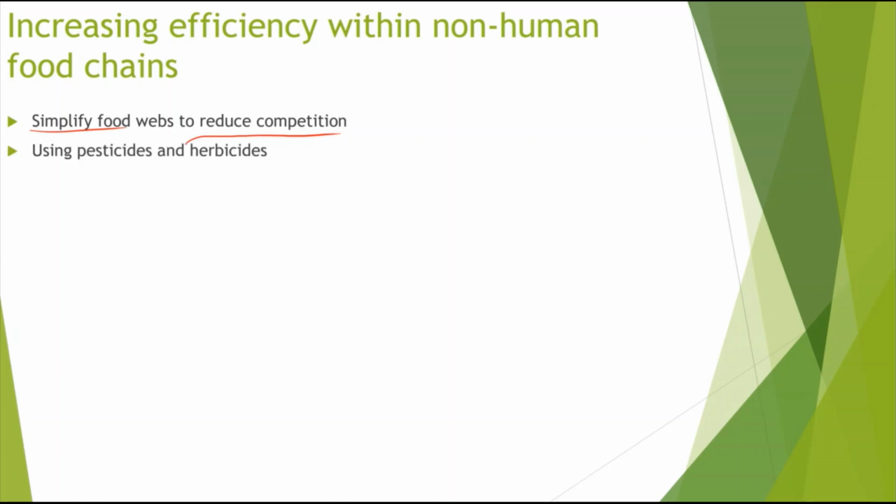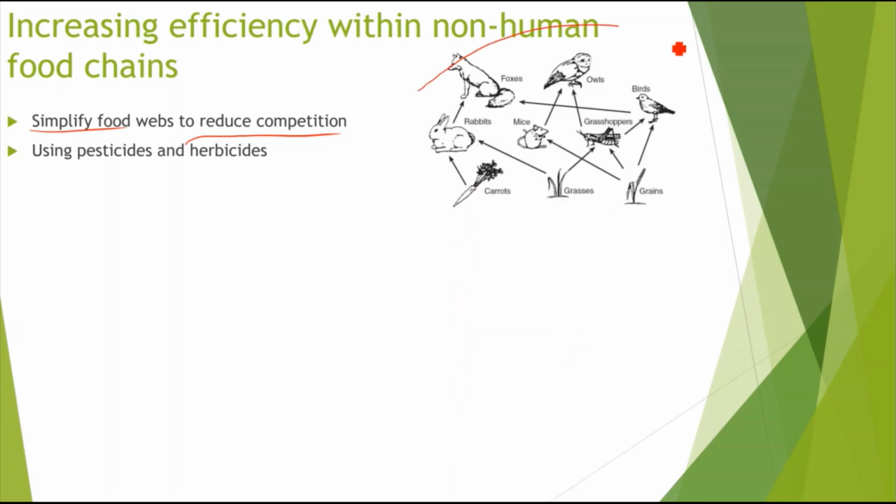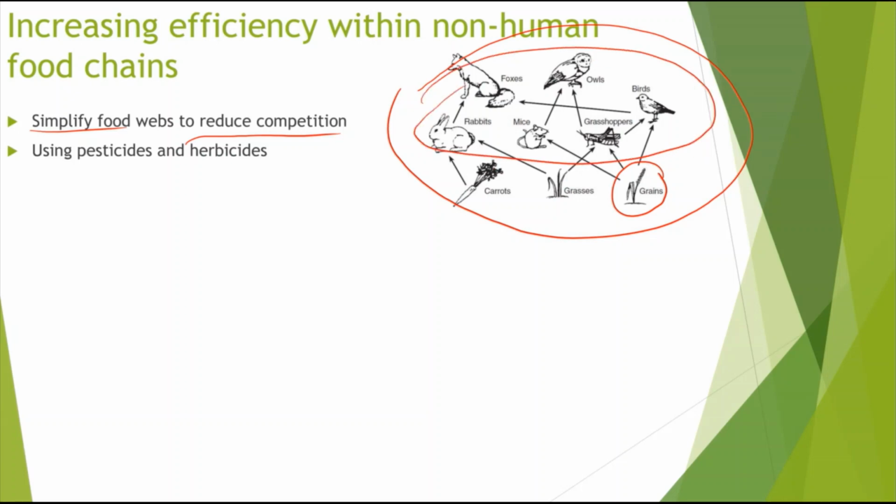And we could simplify food webs by, for example, using pesticides and herbicides, so killing pests and herbs such as weeds. So for example, if this is our food web and we're trying to have as high a yield of wheat grains as possible, but we have all this competition, and this is eating away our yield.